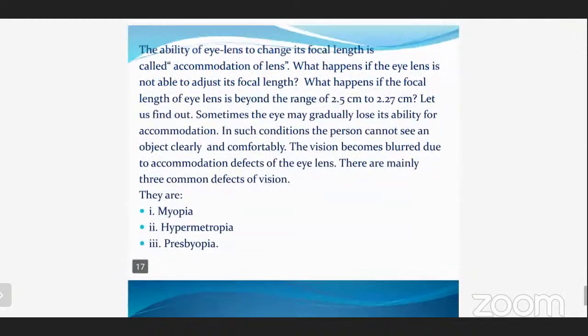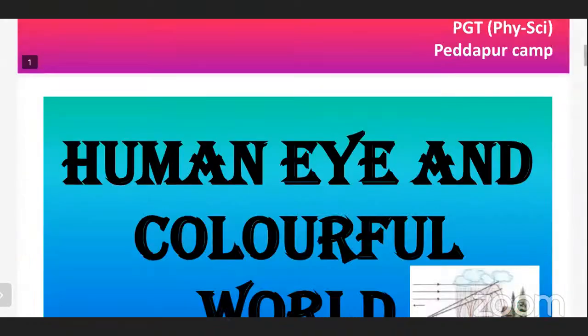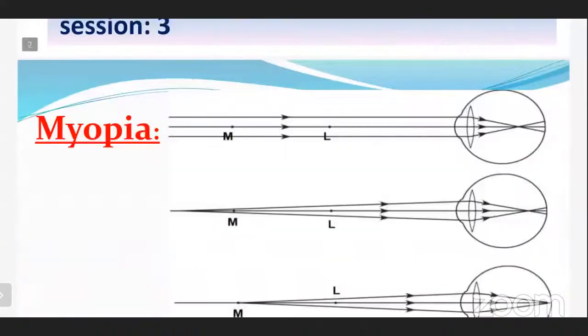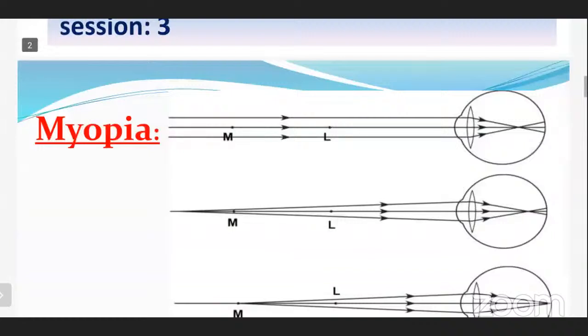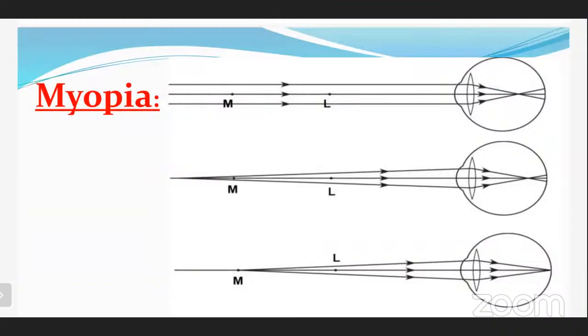But in some people, the focal length has changed in the lens of their eye. So that is called defect of vision. We see the three common defects of vision in people: one is myopia, one is hypermetropia, and the third one is presbyopia.